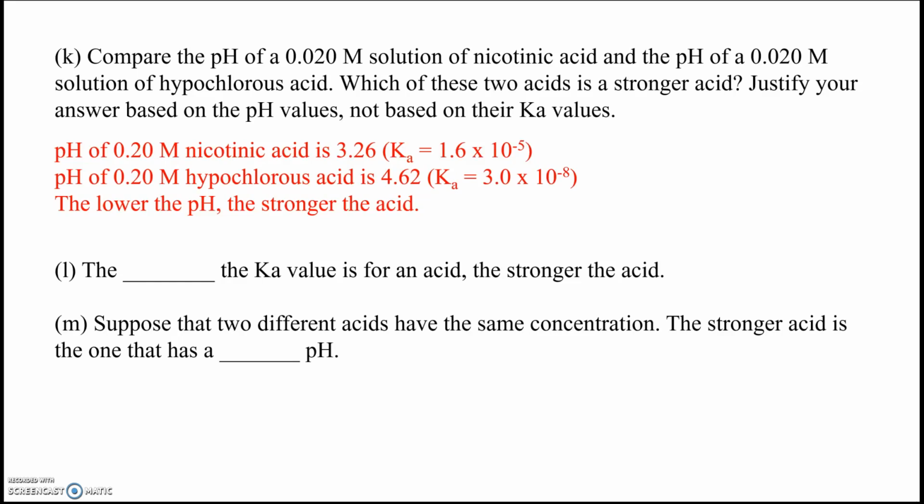Not a surprise, since we knew that going in because the Ka value for nicotinic is so much larger than the Ka value for hypochlorous. So the larger the Ka value is, the stronger the acid, and the stronger the acid is, the lower the pH.